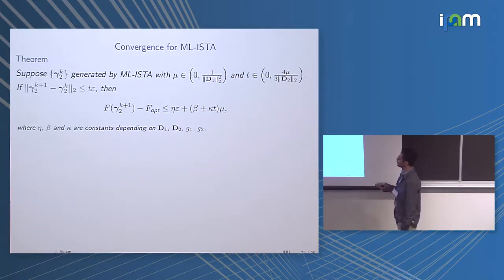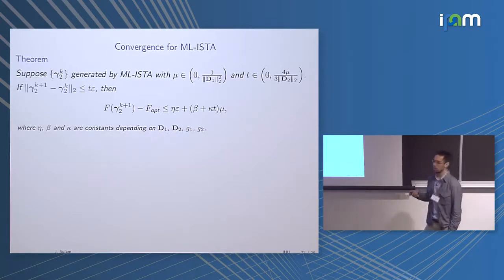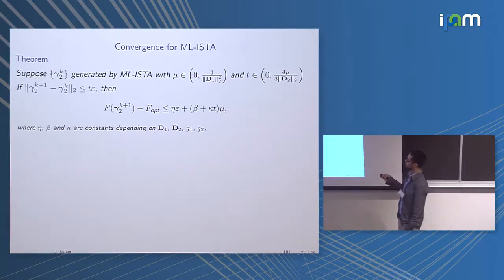The results that we have at the moment basically say that if your iterates are converging, then you can make your function converge, again in function value, arbitrarily close to the optimal.